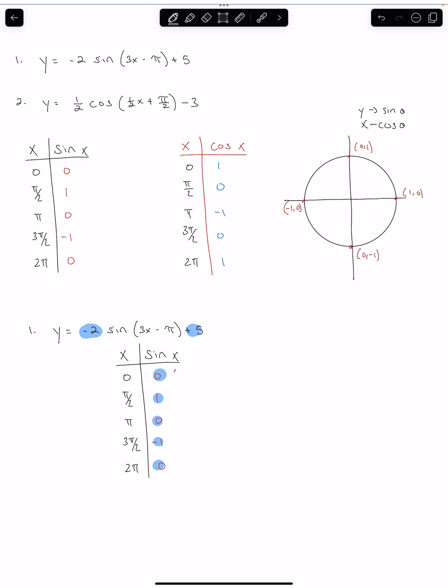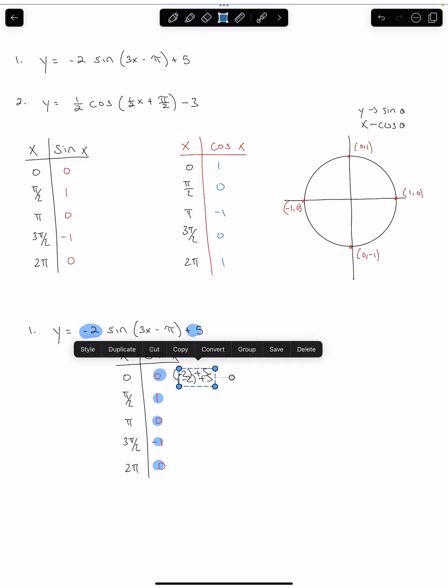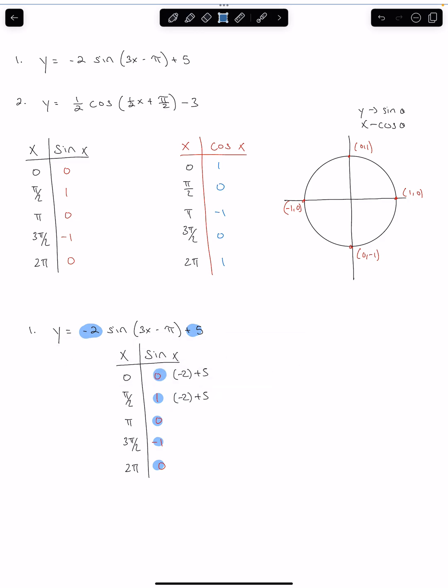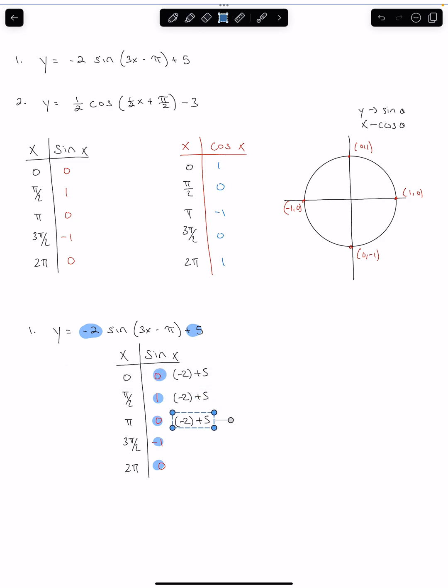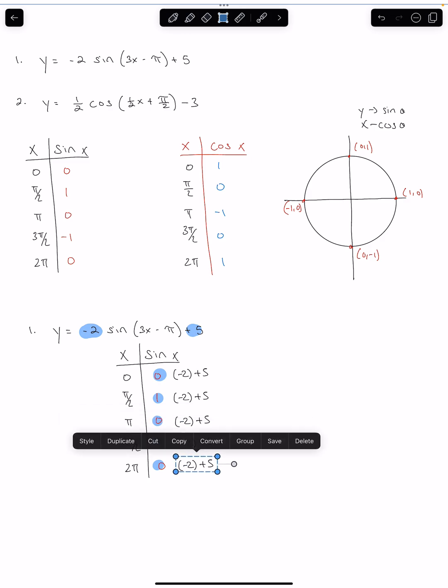So I'm going to take all my y values and multiply them by negative 2 and add 5, all the way down. Your a value and the d value, that's all you're doing to your y values, and this gives you all your new y values.